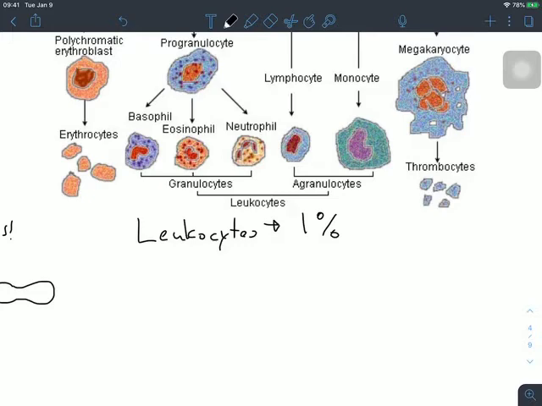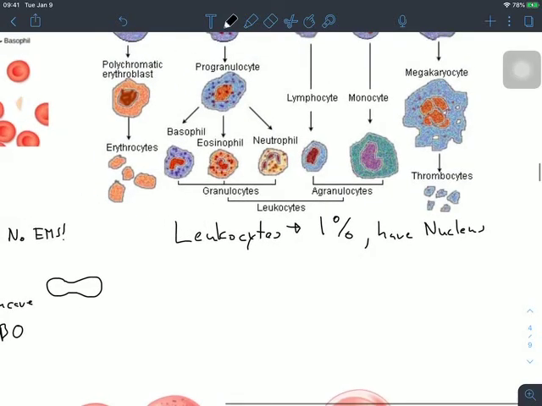Now, leukocytes have a nucleus, defined by that nucleus. And in fact, their nucleus and surrounding features divide leukocytes into one of two groups, either the granulocytes, which have a grainy texture, or the agranulocytes.